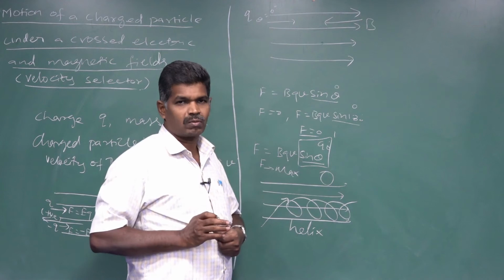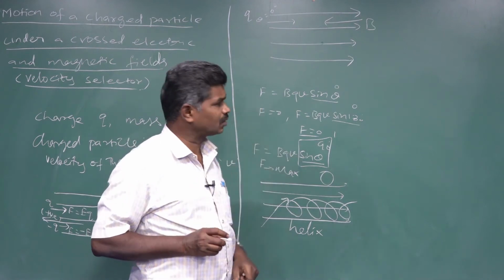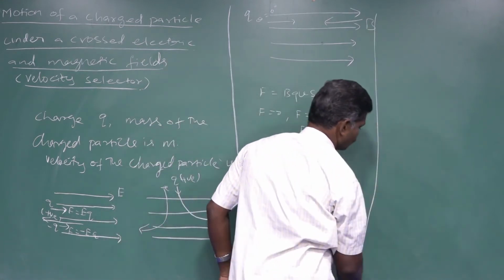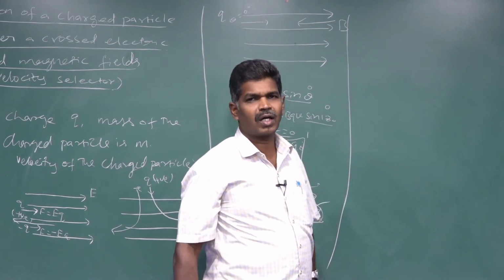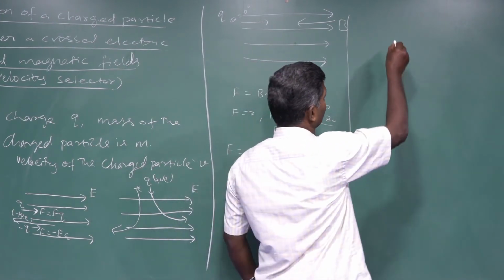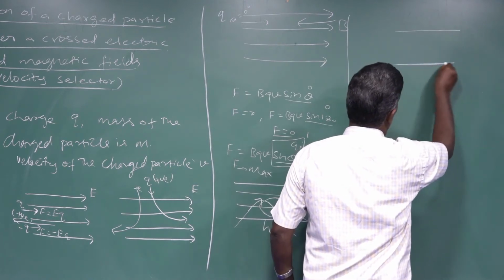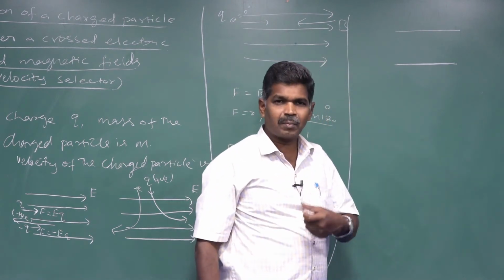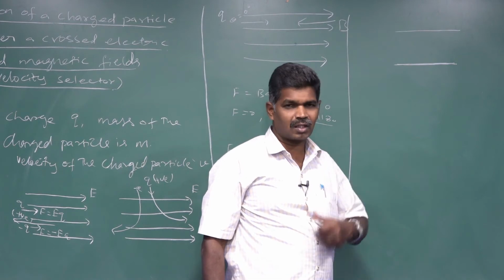So now we are going to use both fields at the same instant, the electric field and the magnetic field. For producing the electric field, we use two parallel plates connected to a battery. One terminal of the battery is positive, another is negative.